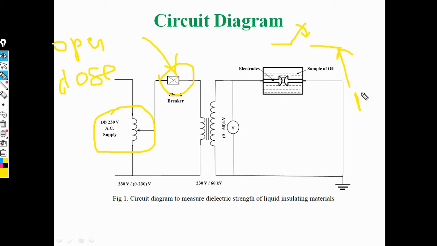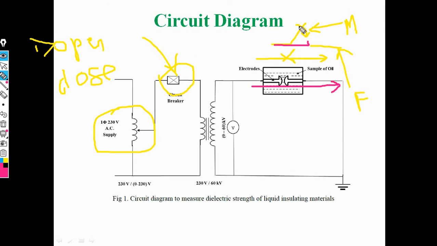This is the fixed contact and this is the moving contact. If the circuit is open, no current flows from this side to this side.